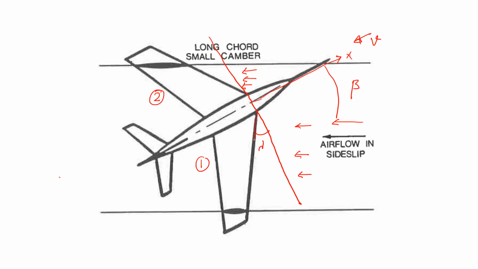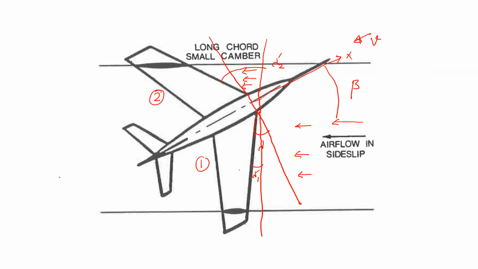Now, since the flow is coming from this direction, your perpendicular will shift like this. This is your lambda dash for section one, and this will be your lambda dash for section two. So what happens when sweep back increases or decreases?